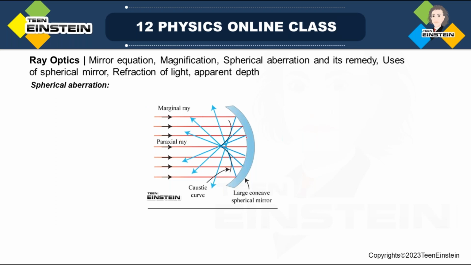After reflection, they are meeting at a point here. But these marginal rays are not converging at the focus, even though they are parallel. They are meeting somewhere nearer to the pole rather than at the focus.